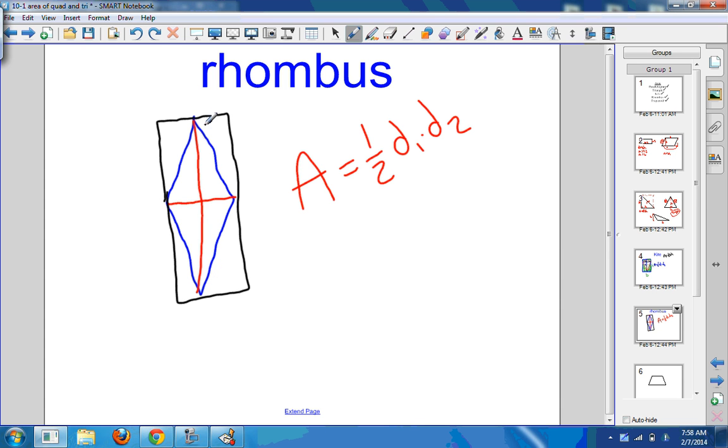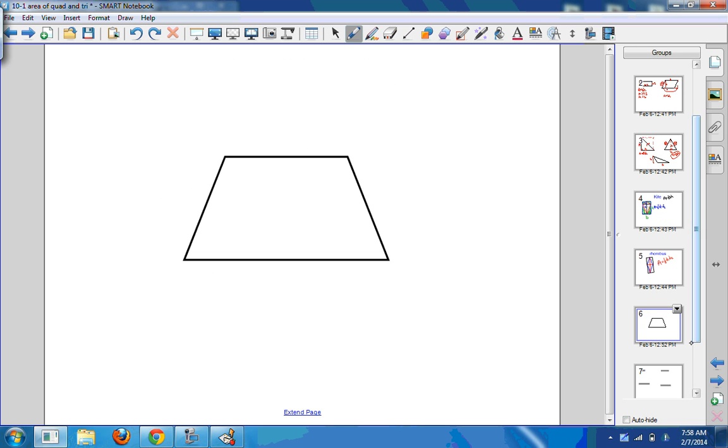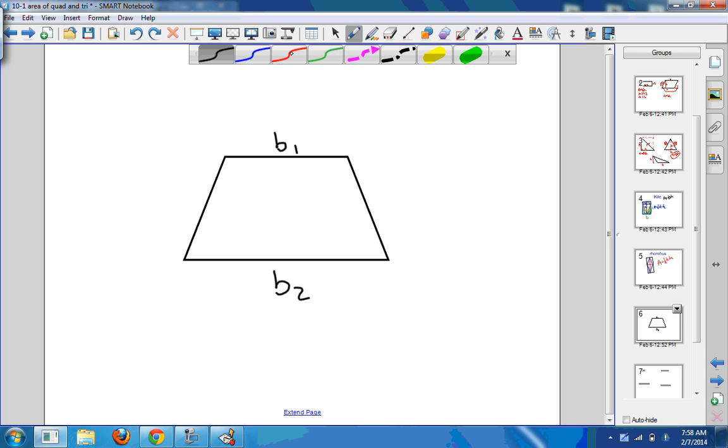All right, moving on to our last shape, the trapezoid. Trapezoids have 2 parallel sides, and those are the bases. So we call them base 1 and base 2, and they have 2 legs on either side. The formula for a trapezoid is a little bit more complicated.